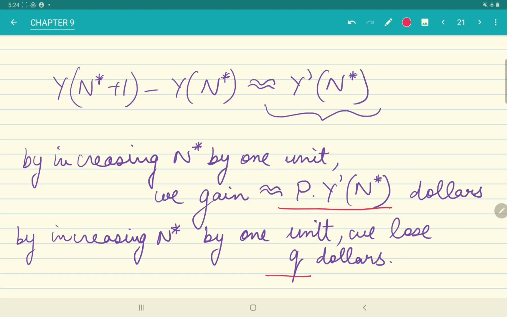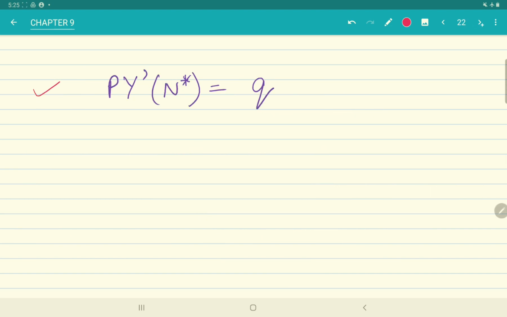The point to note is that if I want to maximize my profit, I have to increase the amount of fertilizer to the level n star, and at n star, an additional pound of fertilizer equates my gains and losses, because once I have reached n star, if I increase n star by 1 unit, what we gain is exactly what we lose. This is what is given by this condition.